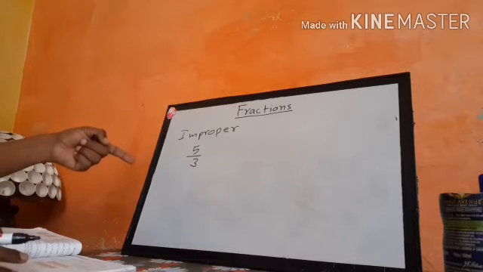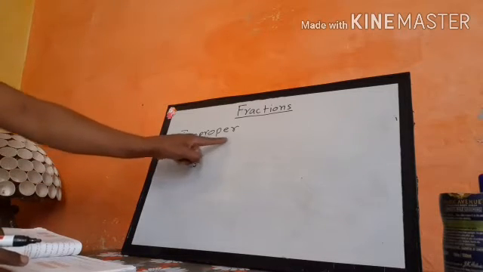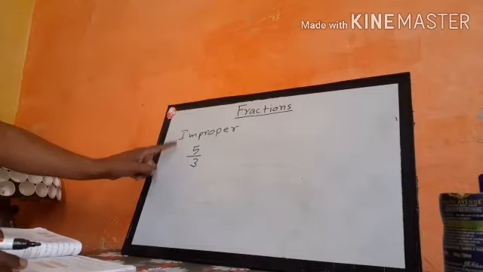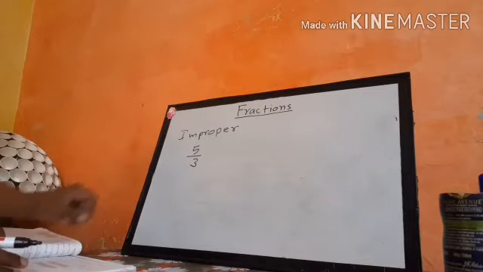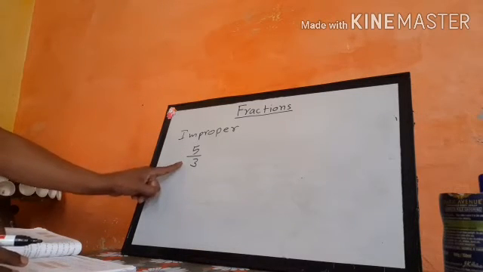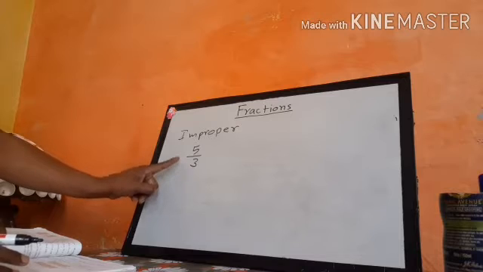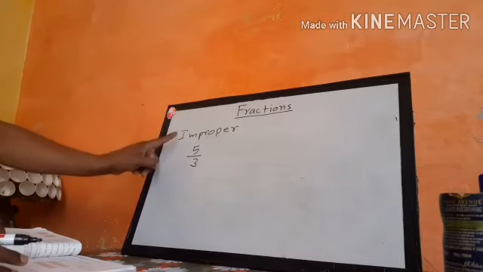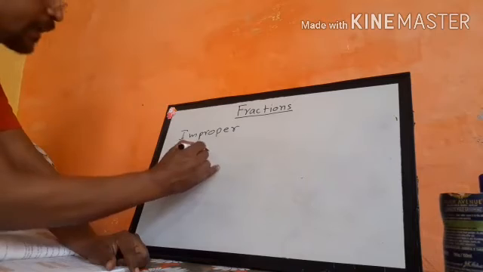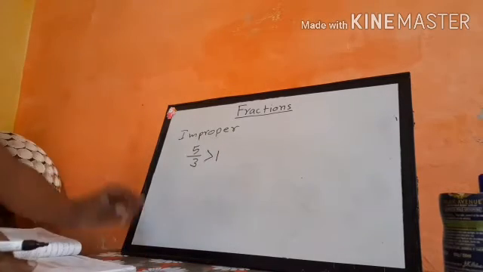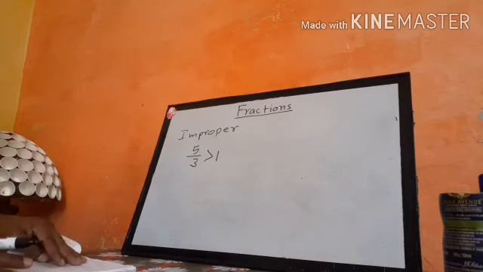So all unlike fractions come into the category of improper fractions. Before going to represent this on the number line, we should always keep it in mind, an improper fraction is always greater than 1. Its value is always greater than 1.